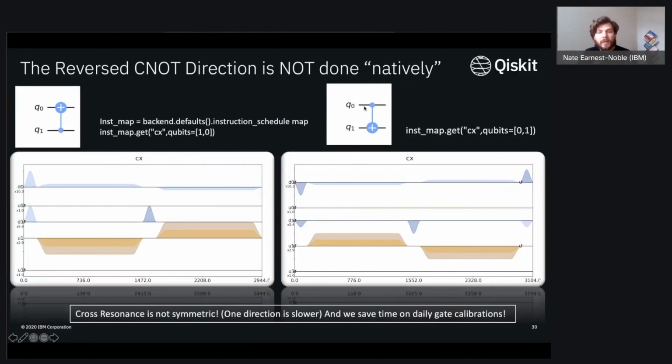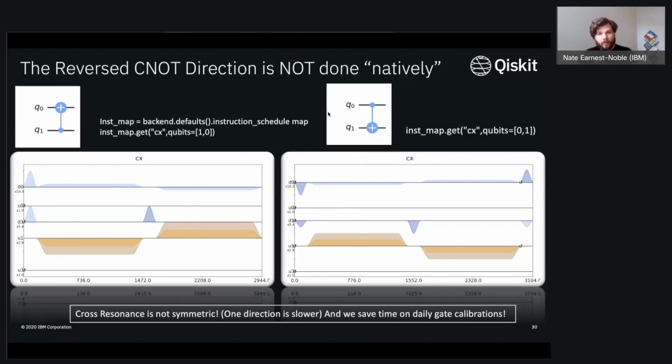And if I wanted to flip it and have Q0 be the control qubit, I'll drive Q0 at the frequency of Q1. Well, this isn't actually what happens in the backend, and that's what's shown here at the bottom. Instead, what you're going to do is reverse the direction of your CNOT by applying Hadamards on both your target and your control before and after the gate.